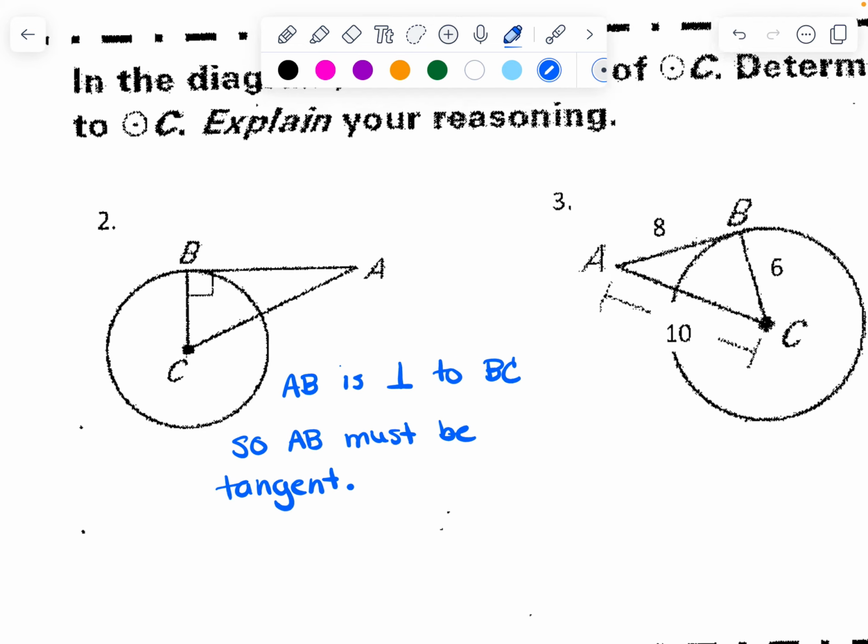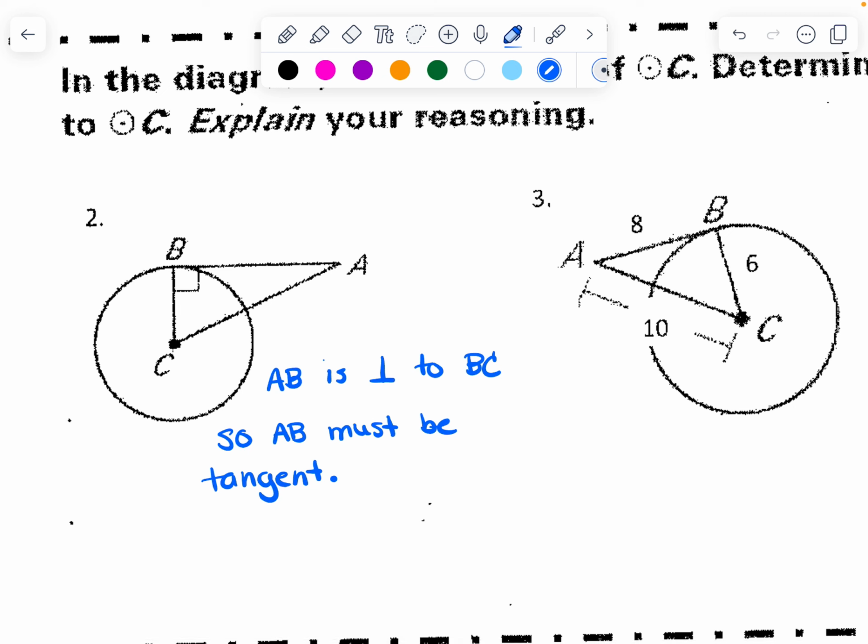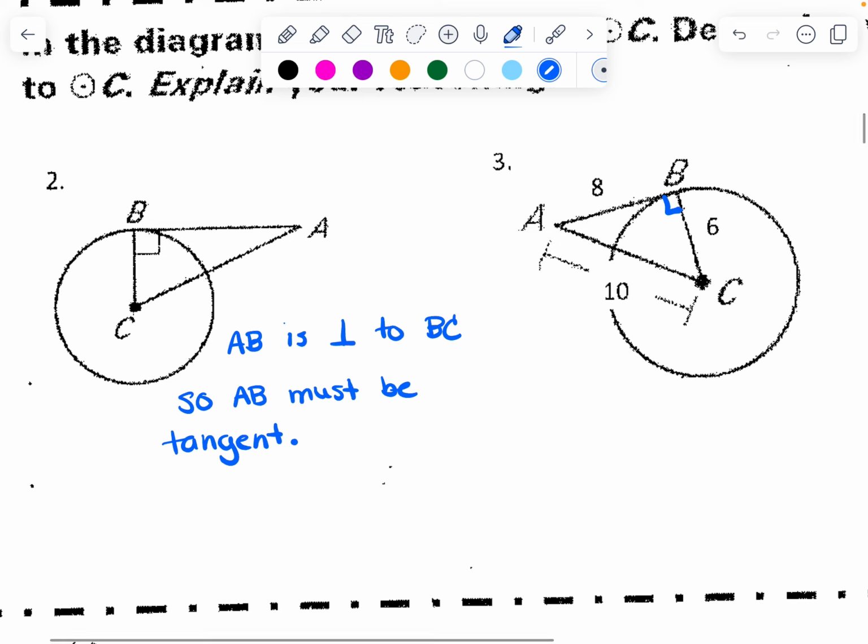But it won't always be given to us. Sometimes we'll have a problem like number 3 here. I don't see any 90-degree angle. I see a circle. I see AB touches the circle, but I don't know if it goes through or if it's just barely touching it. And I really need to find out, is this a 90-degree angle? So is there any way that you can show that that's a 90-degree angle?